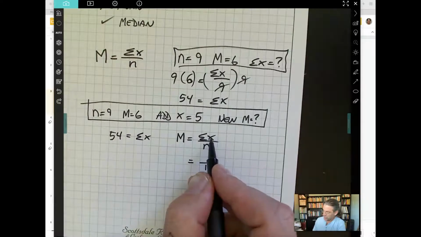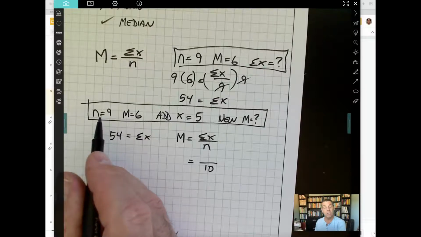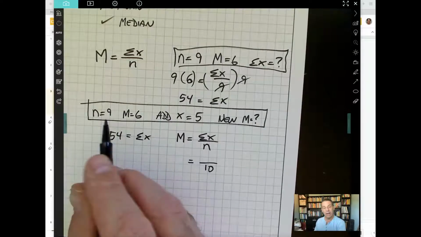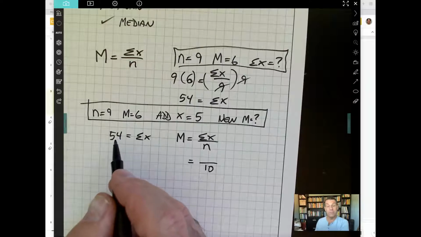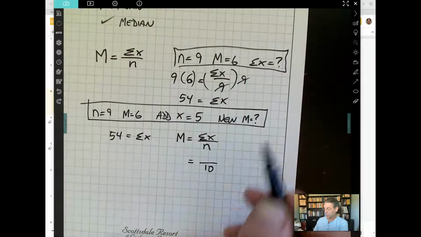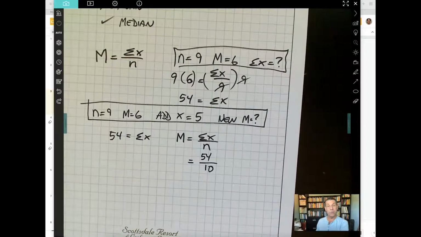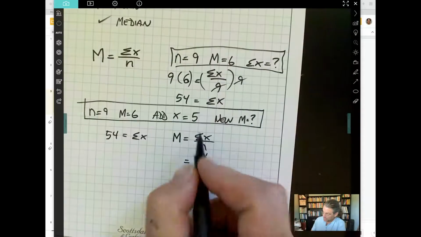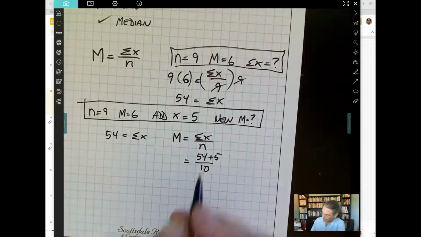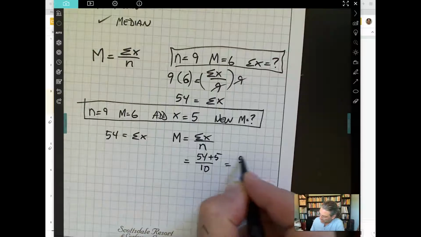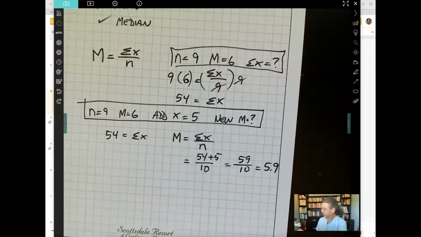I also can figure out the sum of x because now that I've calculated what the sum of x had to be originally, I can say, all right, the 9 people originally had a sum of x, add up all their scores, and it added up to 54. So for this new mean, it's going to be that all of those 9 people's scores added up, 54, plus the new person's score. And that then gives me 59 over 10, or a 5.9.